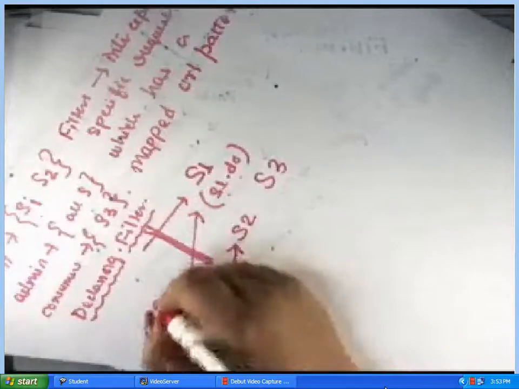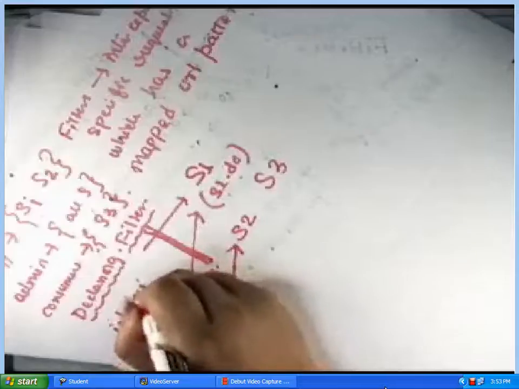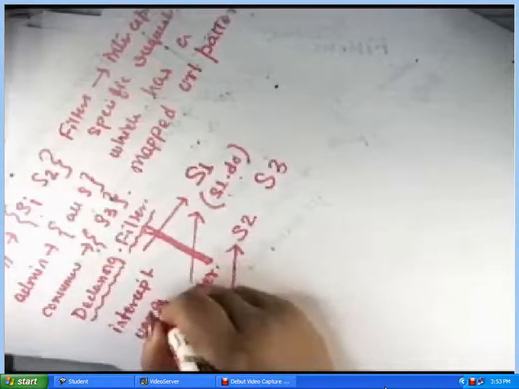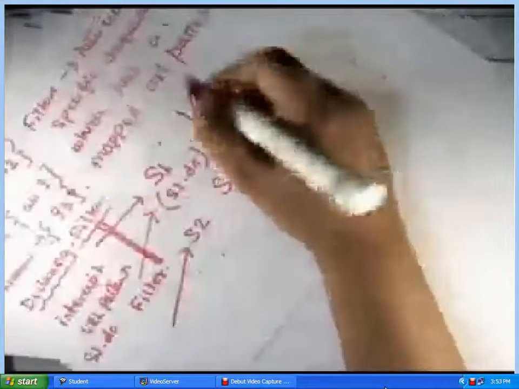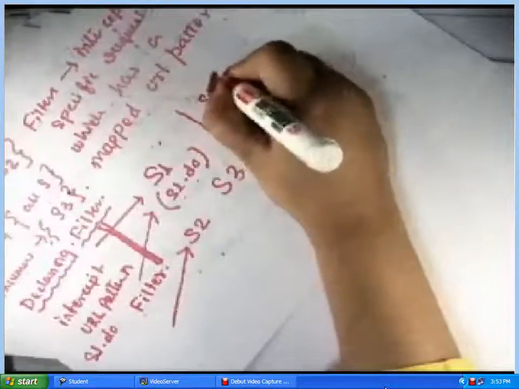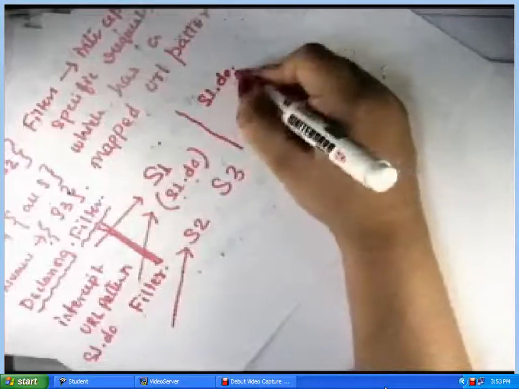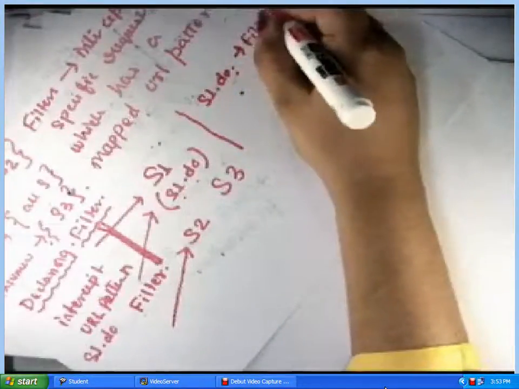So a filter will intercept only those URL patterns which have s1.do. So this mapping needs to be done, that for URL pattern s1.do, for all types of requests, call filter 1.